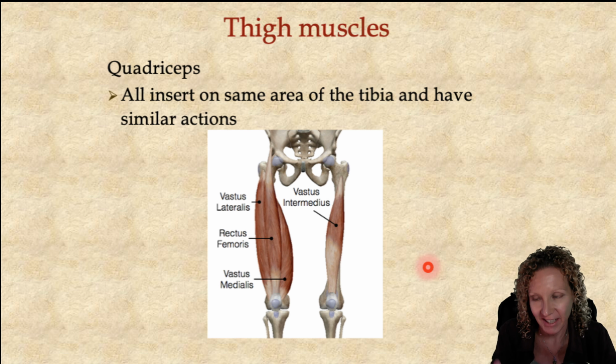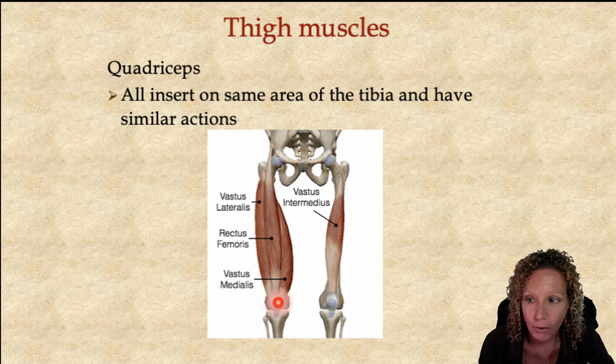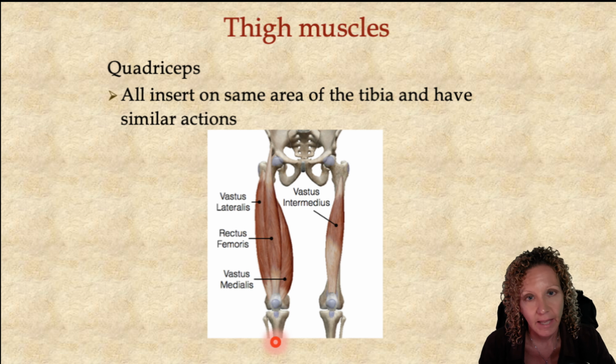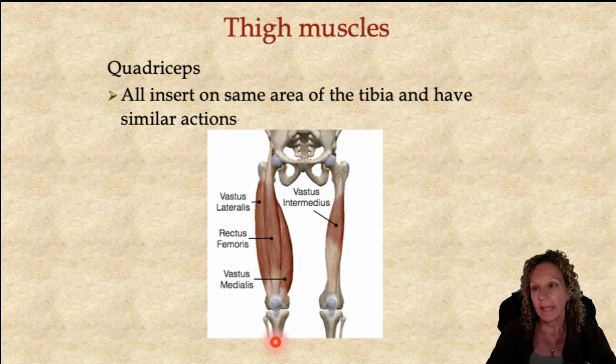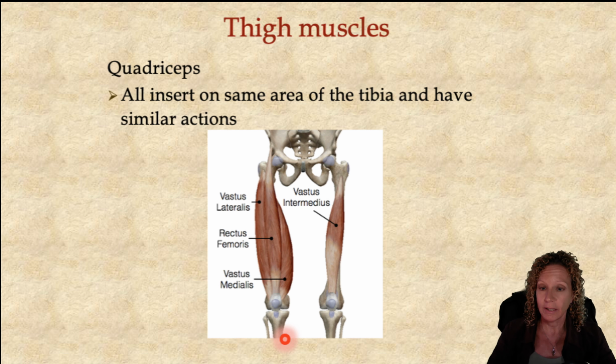It's kind of straight in the middle. And those all come together with a single tendon that goes to the patella and then eventually to the tibial tuberosity. And they all extend the knee. So they're all having that concerted action on that one spot from different angles, all pulling the knee up.